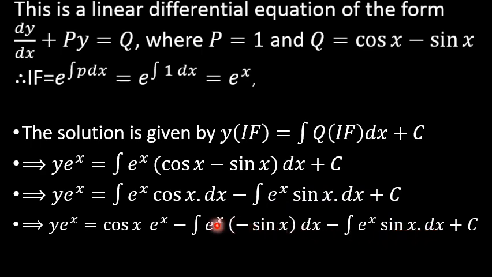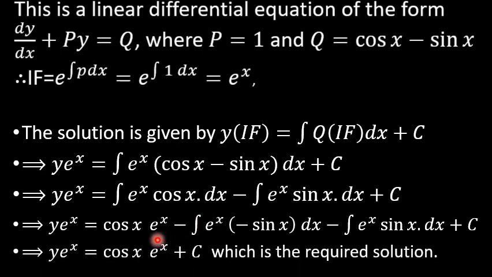Here I have minus into minus, plus, so I have plus integral of e to the power of x sin x dx minus integral of e to the power of x sin x dx, which is eliminated. Therefore, we have y into e to the power of x is equal to cos x into e to the power of x plus c, which is the required solution of the given differential equation.